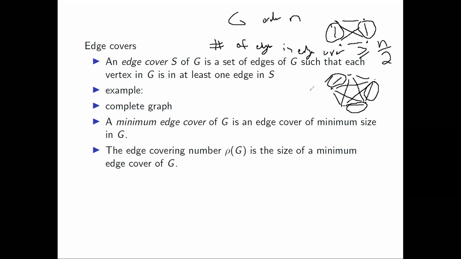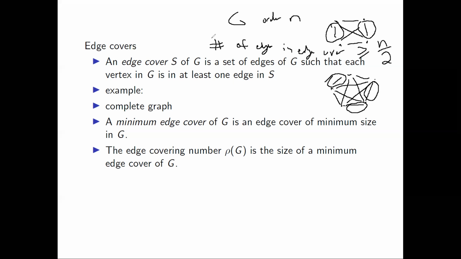And that's because every vertex in your graph has to be in at least one edge, and each edge can contribute at most 2 vertices. So the number of edges has to be at least the total number of vertices over 2.